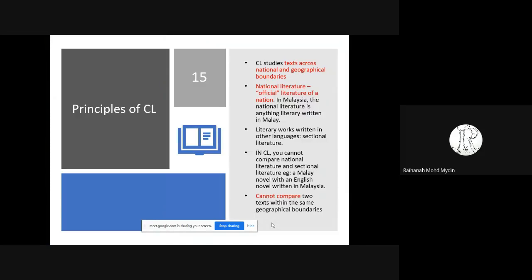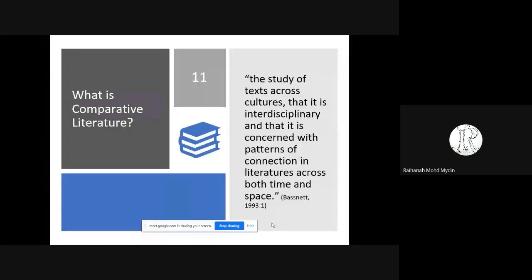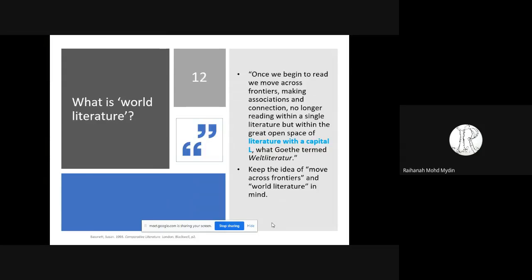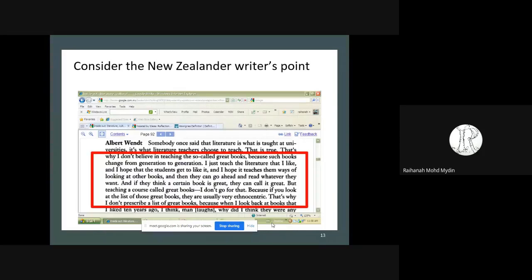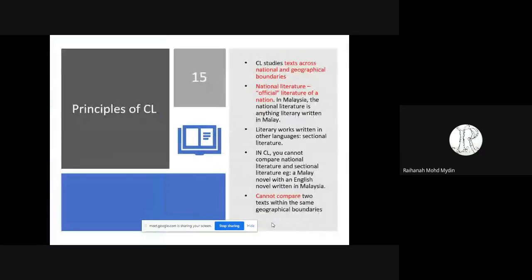So if you compare that with Basnet's definition, 30 plus years on, the study of text across cultures. So the national boundaries and borders are not that important, that it is interdisciplinary across time and space. We'll come to this time and space when we look at the parameters, okay?